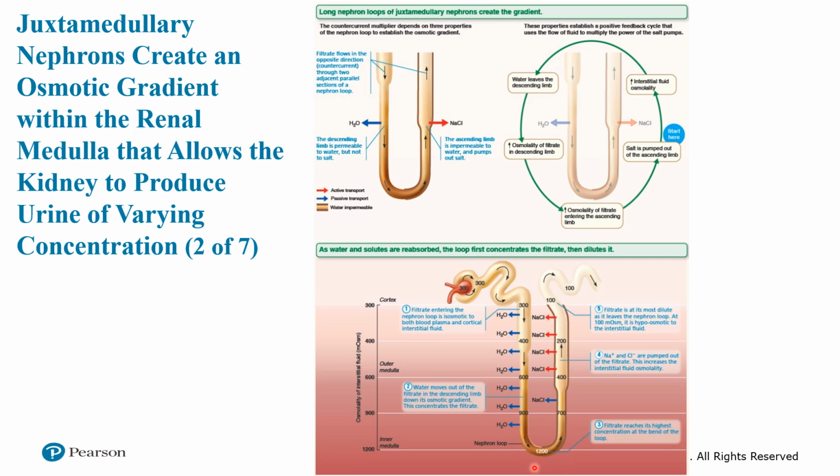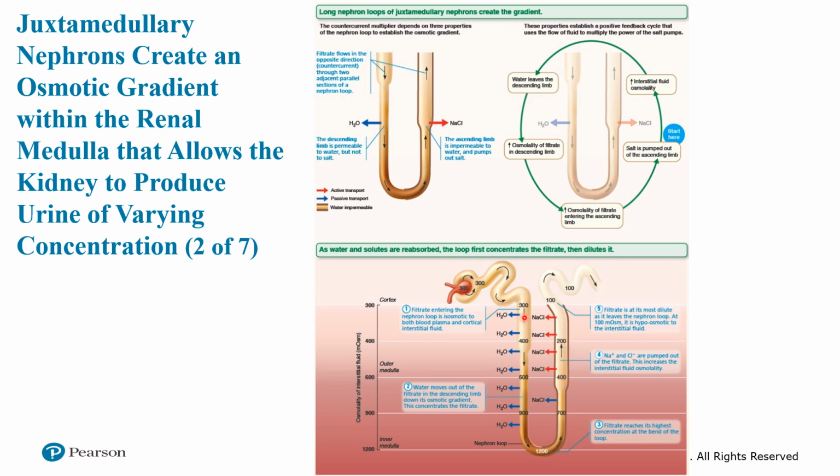Over here the osmolality of the filtrate is 1200, and now it starts moving up. When it moves up, this ascending limb is different, right? Because it is capable of active transport, it has energy, it has ATP. There is some passive diffusion in the thin limb, but in the thick portion it takes that solute and puts it in the interstitial fluid.